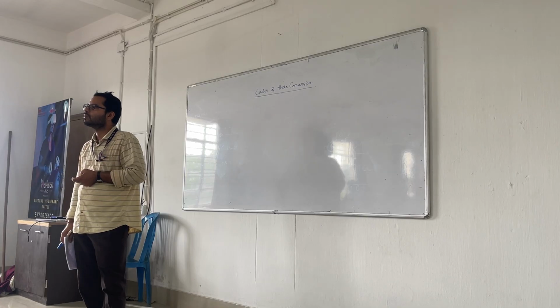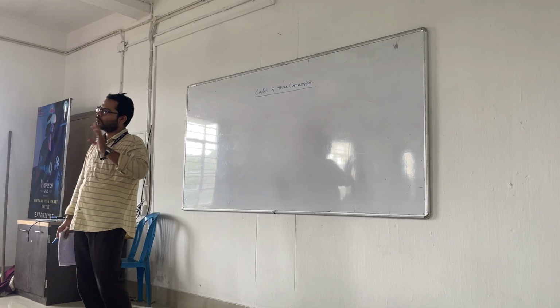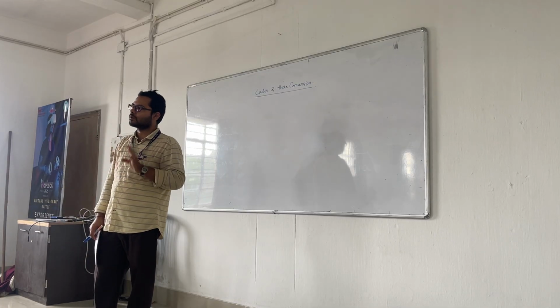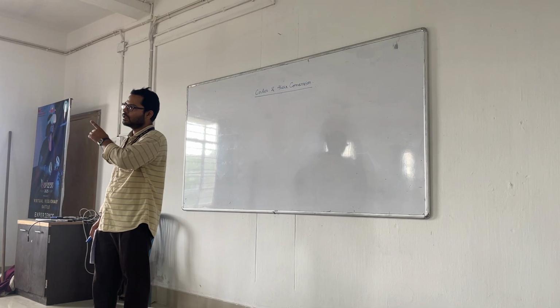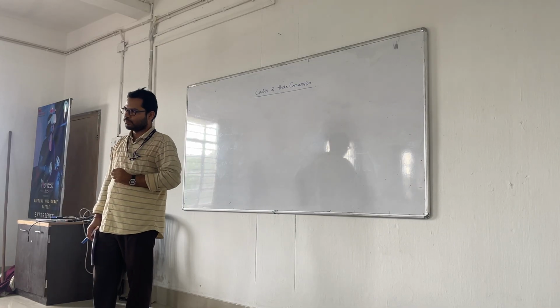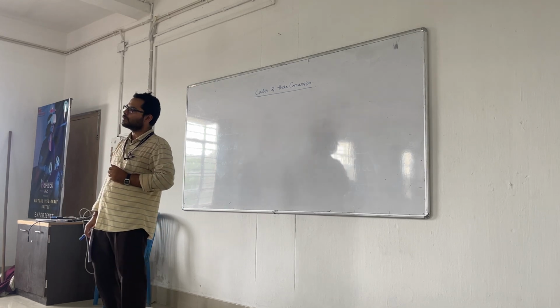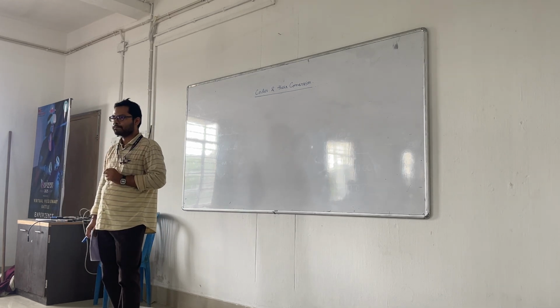Binary, decimal, hexadecimal, octal. You are right. These are popular codes which are normally used, but all four of these are under the weighted category. They all have some positional weight. That's why we call them weighted codes.